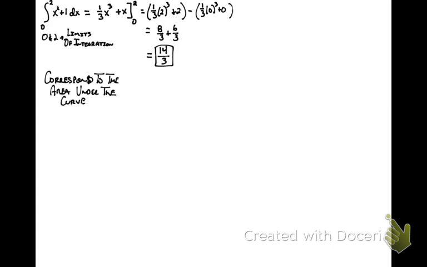So graphically, what we just found out is that if we took our curve x squared plus 1 from here to there, from 0 to 2, we found that this area from the curve to the x-axis has a value of 14/3. Right, that's the area there.